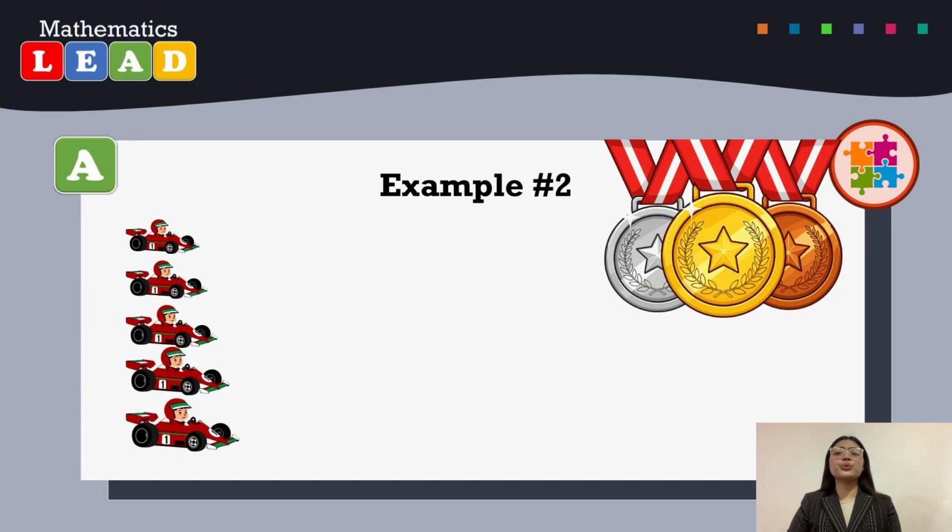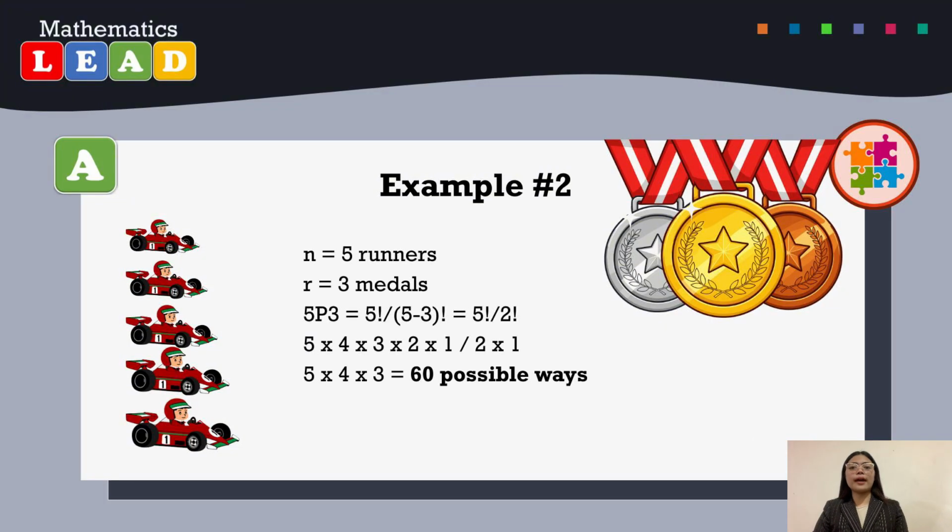Also, each runner can only win 1 medal, so no repetition is allowed. That means we use the permutation without repetition formula. So we have here N is equal to 5 runners, R is equal to 3 medals. If we use the formula, we have 60 possible ways the top 3 medals can be awarded.